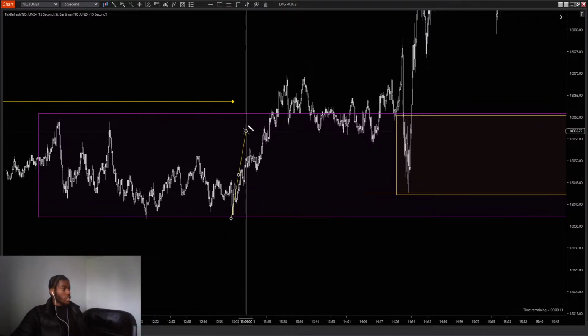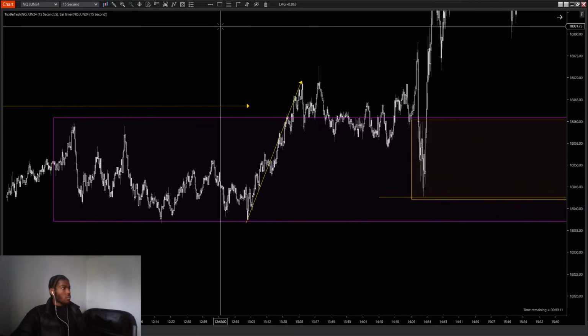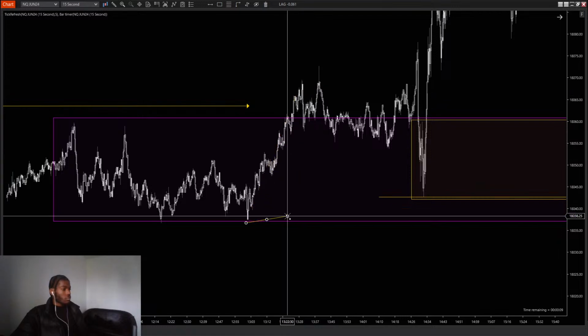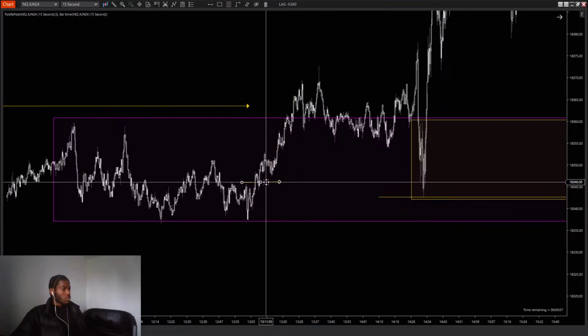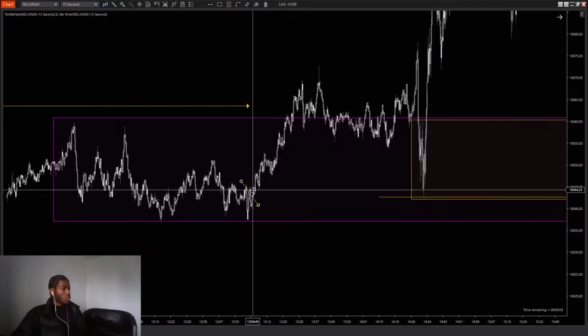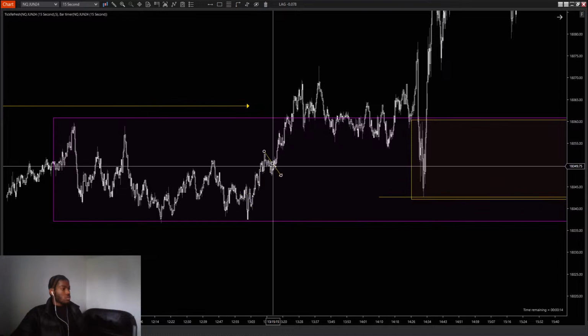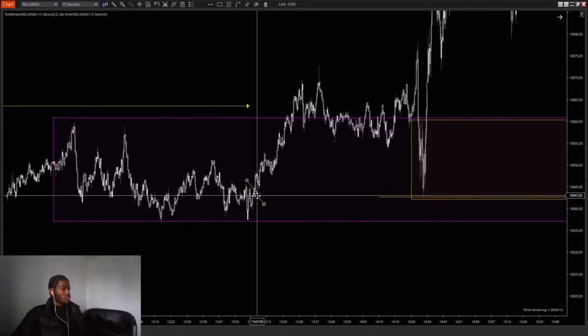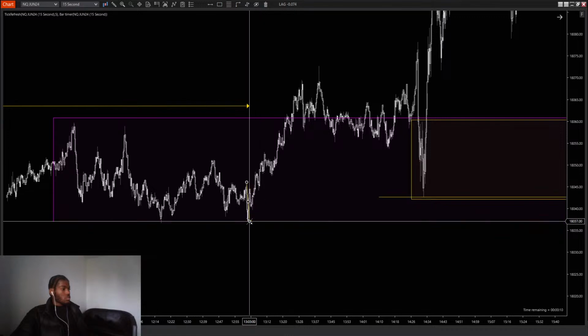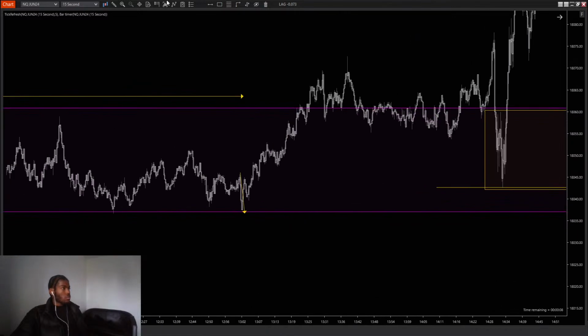So, check this extension up here, yeah? When you're counting your swings, right? You've got 1, 2. So you have 2 swings from the same time frame. Right?